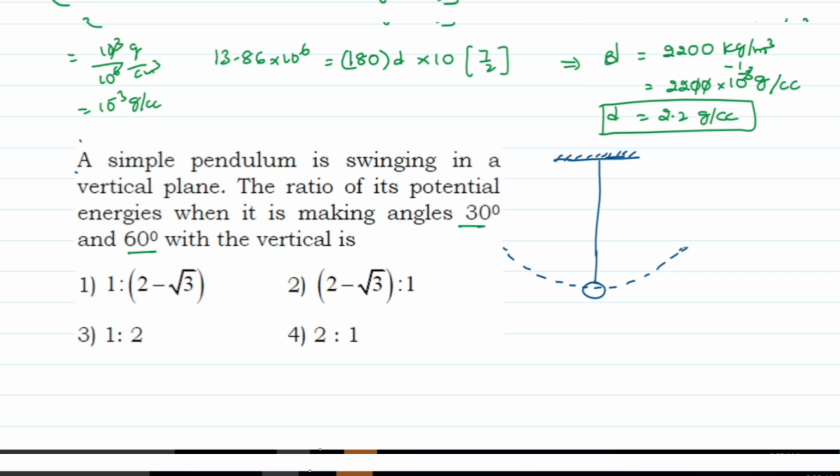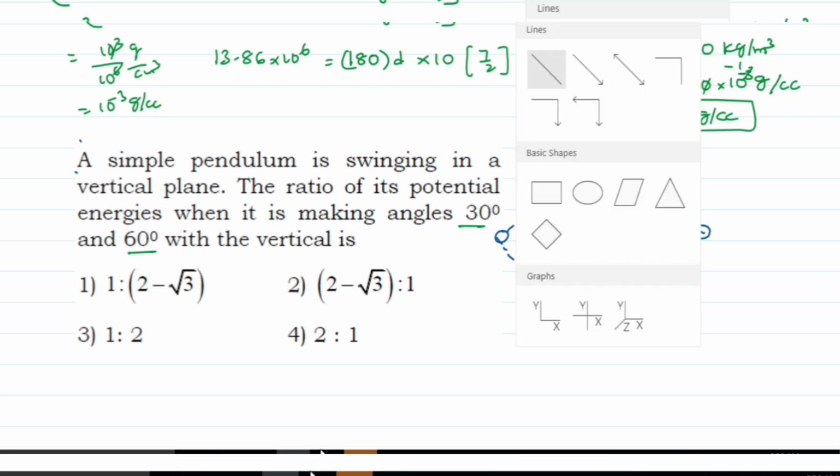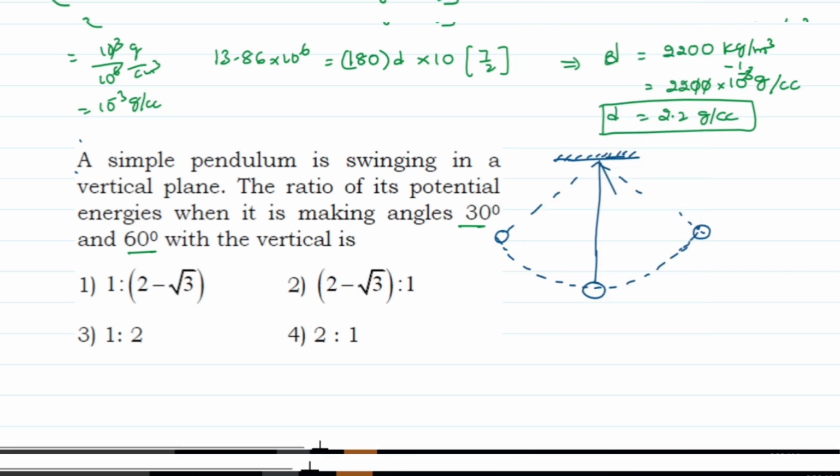Now the ratio of the potential energies here, suppose the system is coming over here, when it is making an angle 30 degrees as well as 60 degrees, they are asking. Now let us see, the question says at a particular angle they are asking. Let us see one particular angle.